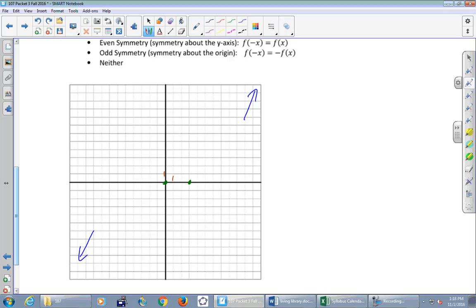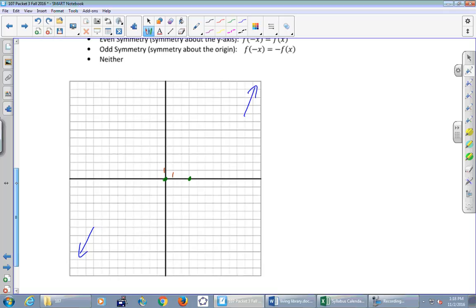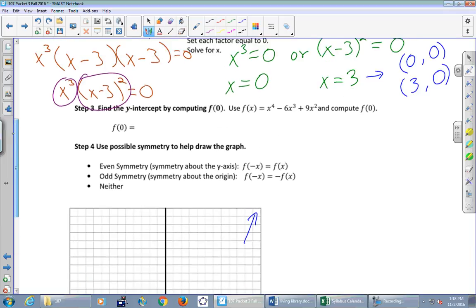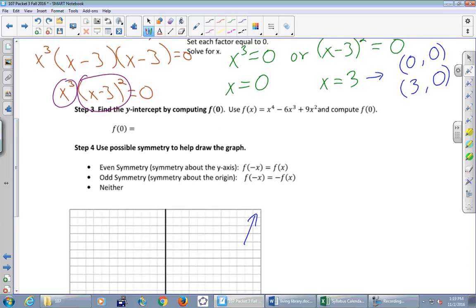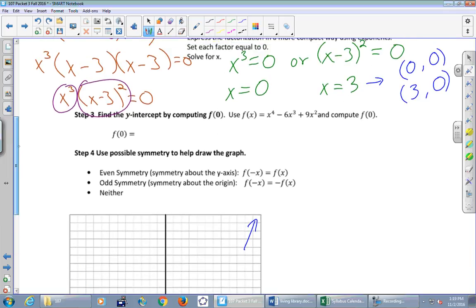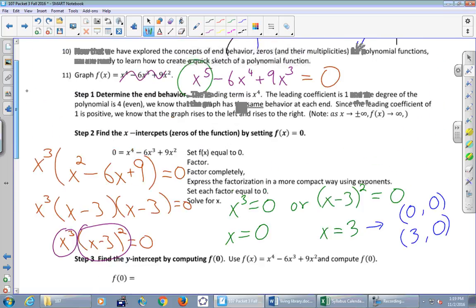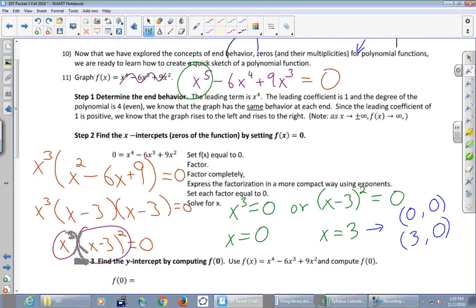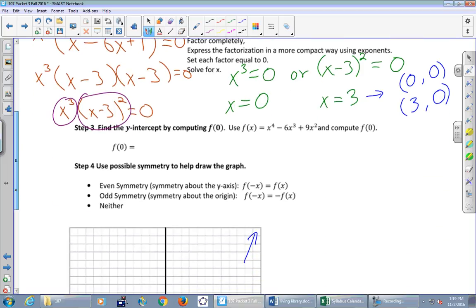Okay, next up, we just did the x-intercepts, now we're going to do the y-intercept. That process is old, right? Just plug in 0 for the x. So when we plug 0 in for all of the x's up here in purple, 0 to the 5th minus, yeah, it's going to be 0, isn't it? 6 times 0 to the 4 plus 9 times 0 to the 3rd. So the whole thing is 0, so we'll put that here.